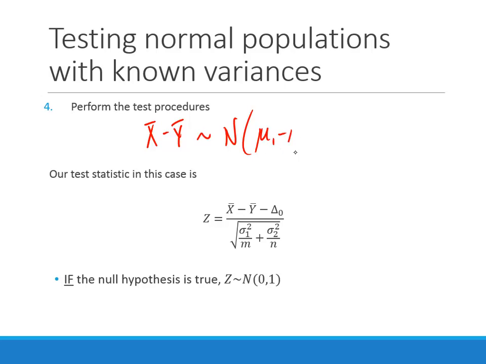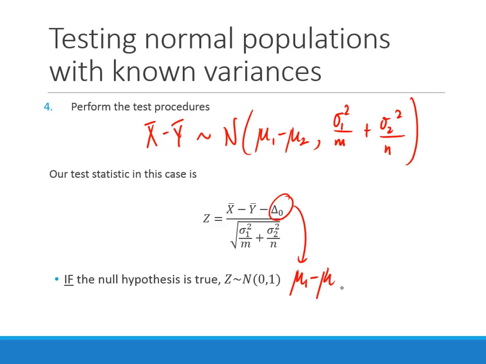Its mean is mu1 minus mu2, and its variance is sigma 1 squared over m plus sigma 2 squared over n. The test statistic we're going to use, big surprise here, is our estimate minus what we've hypothesized that value to be. If the null hypothesis is true, this is equal to mu1 minus mu2, so we've standardized by the right thing and we have a standard normal random variable. Very similar setup to what we've seen before.